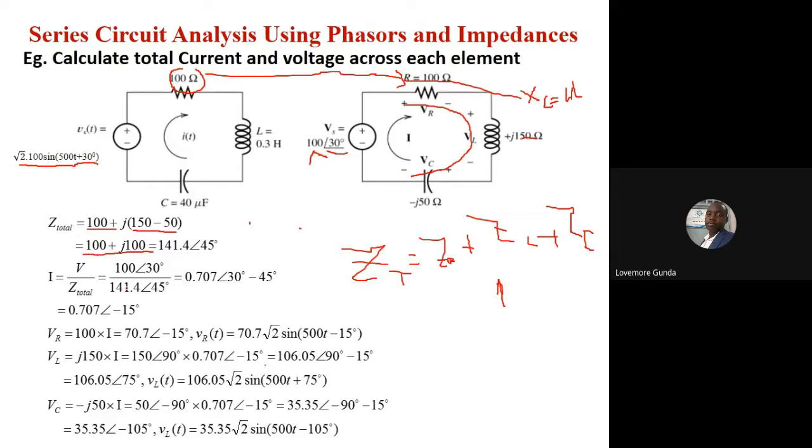Then you can now use your Pythagoras theorem to get this. Remember, we have 100 and 100. So this will be our resultant, R, this squared plus this squared or whatever. Then the angle will be the inverse tangent of this j, XC over XL, right?